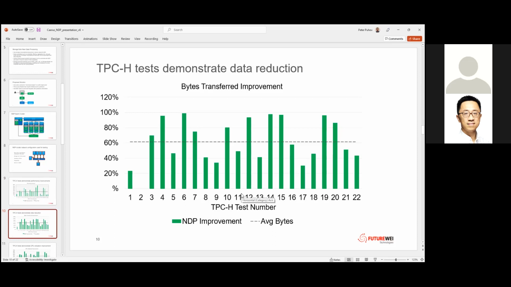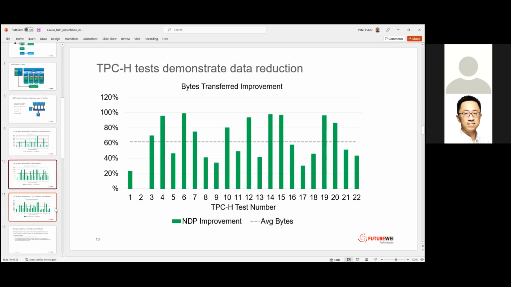As I said, test number 1 doesn't really have a big improvement, as opposed to tests 14 and 15, which do. Overall, we're sending 60% less data over the network of the cluster. That's for the data transfer part.